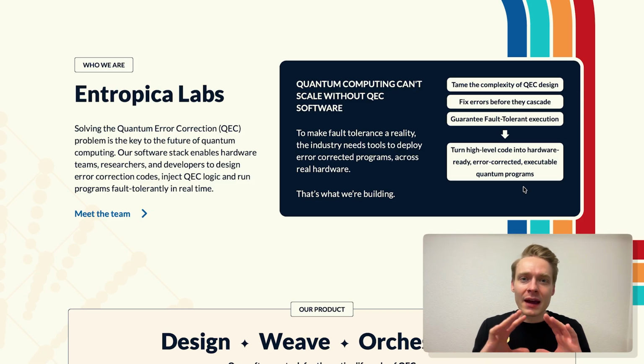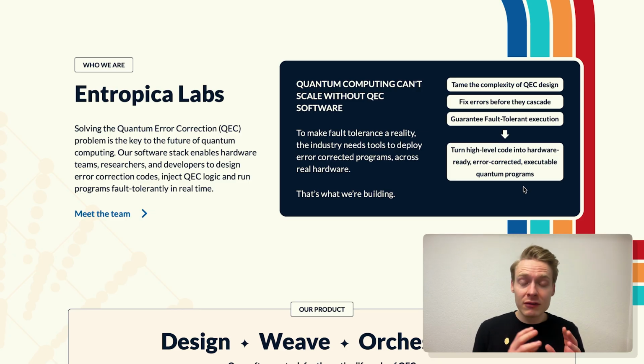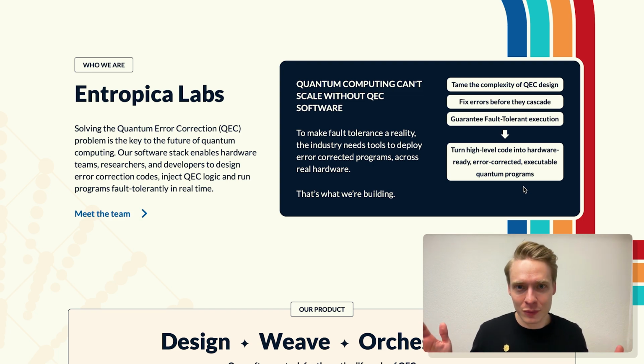So the idea of error correction is extremely complex when it comes to quantum computers. There's a whole set of research behind that, and it's not actually easy to implement. And even though you see that the number of quantum bits is scaling, so maybe 10 years ago we had 2, maybe now we have 200, something like that, right?